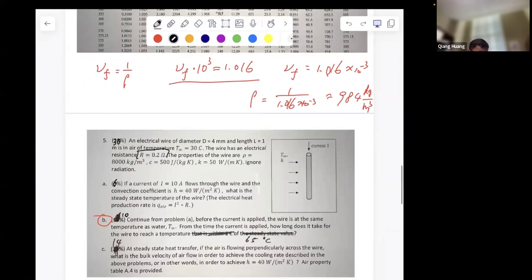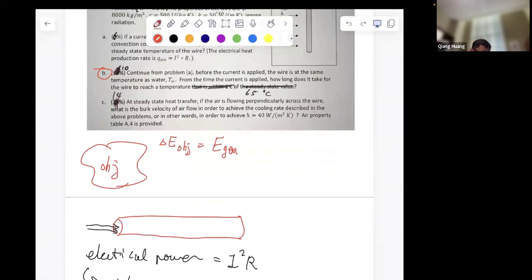All right. And then if I construct the energy balance for this piece of wire, that's the object, the change of the energy of this object equals the generation inside this object, plus the Q. If I define the Q in this direction, then it will be plus Q. If I define the Q in this direction, then it will be minus Q. I hope this already becomes obvious, because the way that I define it right now, the Q is leaving the object, so therefore it's minus.